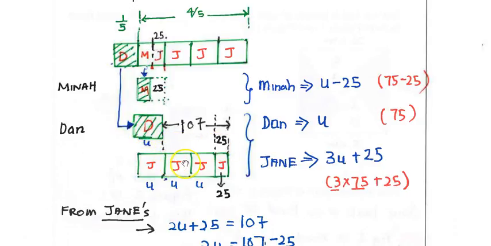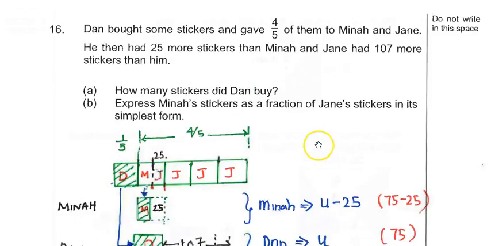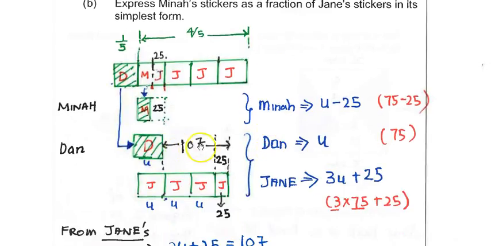You can see 1 unit, 2 unit and 25 more than 10. Now, they say that this 2 units here and 25 is 107. All the way is 107. This is given, right? Can you see? 107.